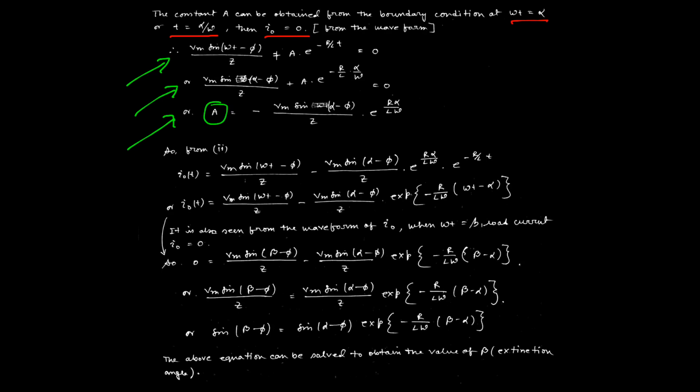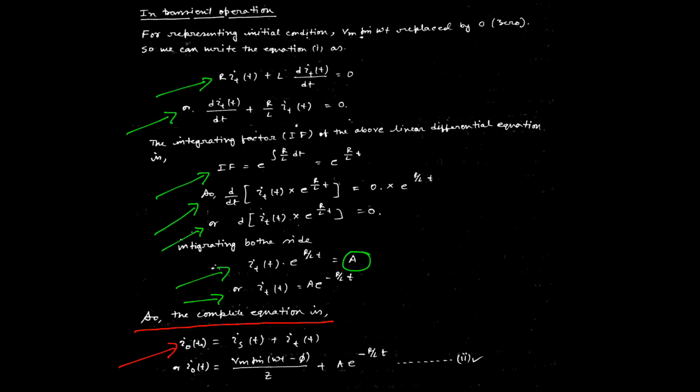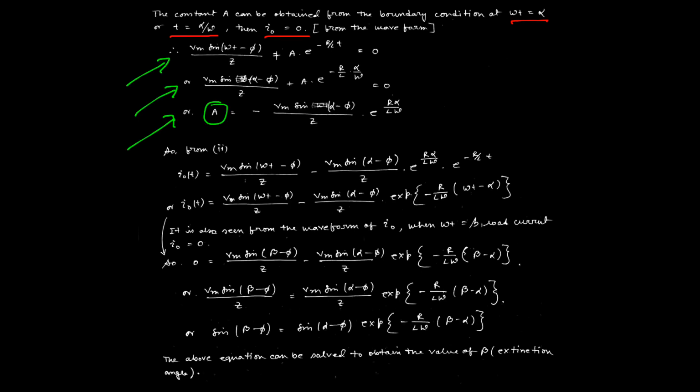Now we can put this value over the equation number 2. Then we will have the expression, that is I0 of t equal to Vm sin (omega t minus alpha) by z minus Vm sin (alpha minus phi) by z into e to the power r alpha by l omega into e to the power minus r by l t.